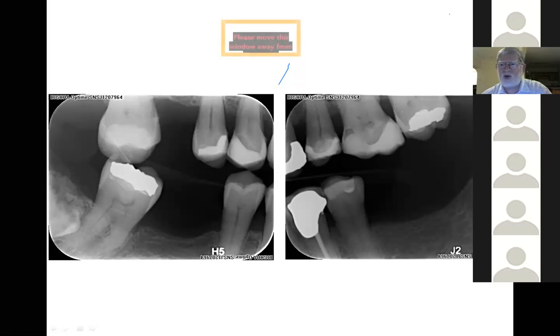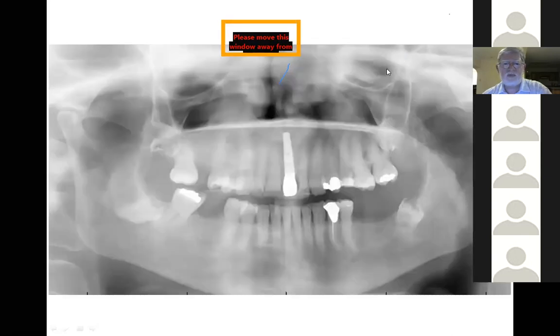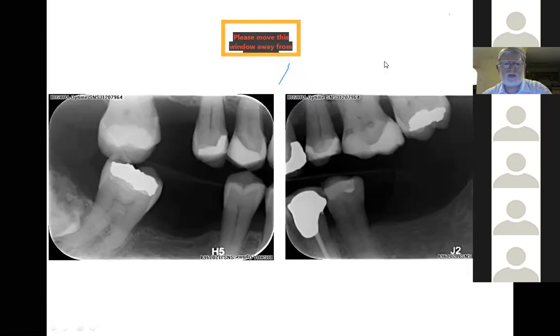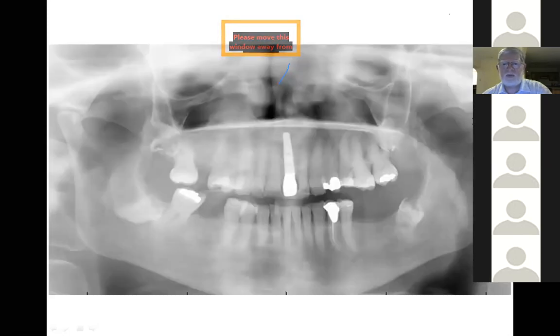But what's going on here, what's going on there? Resorption again. And that's the same patient, with the resorption occurring.